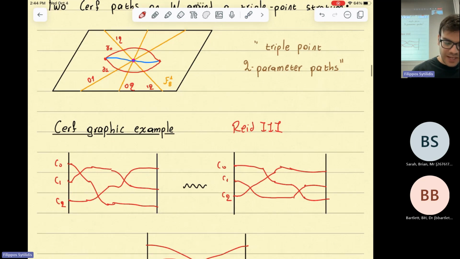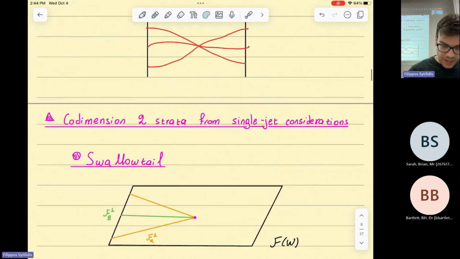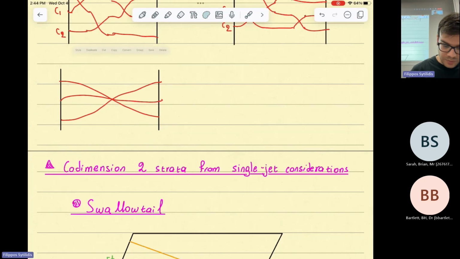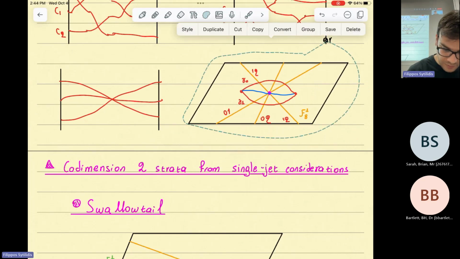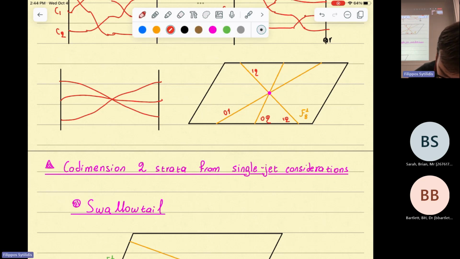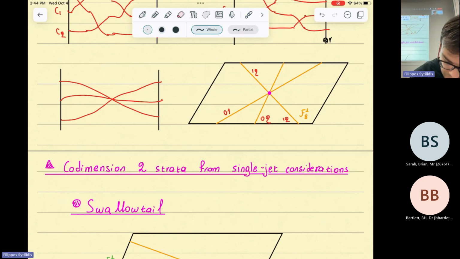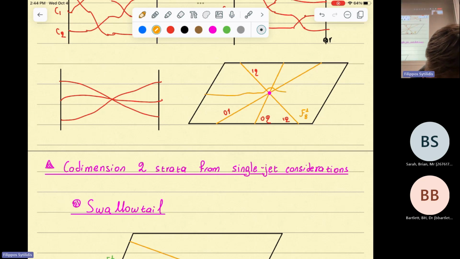But in terms of the analogy that we are trying to build, what would happen would be something of this sort. If I am in this situation, I can always push this one and turn it into something like this. So it wouldn't be something that would generically occur.